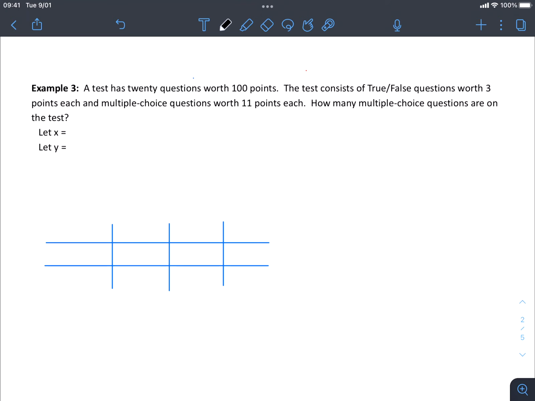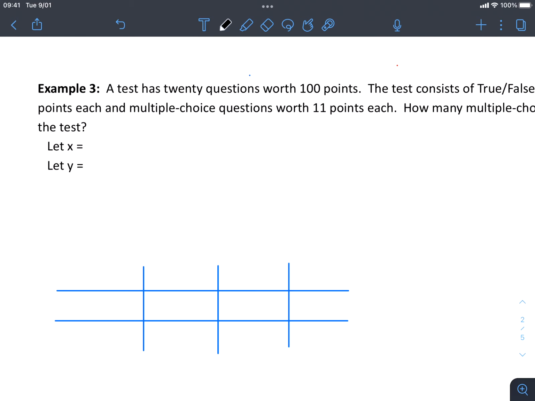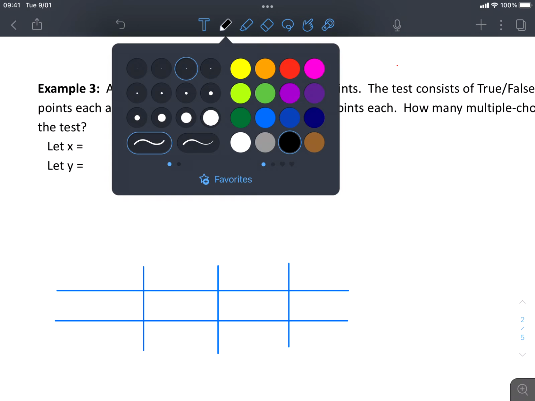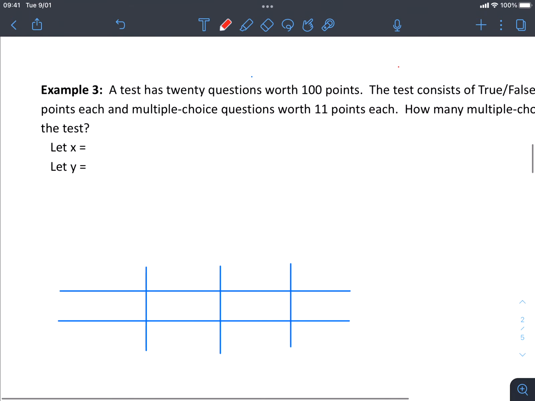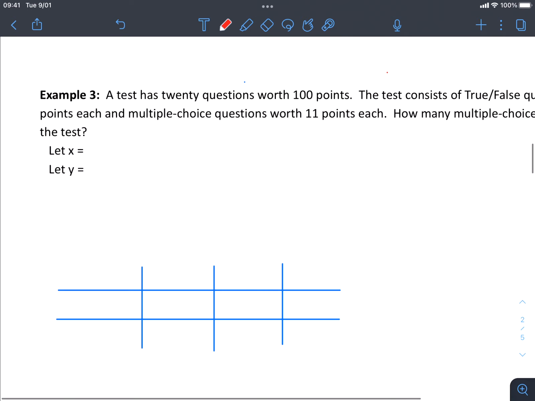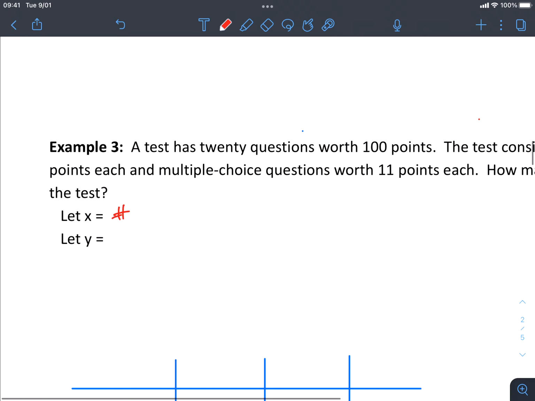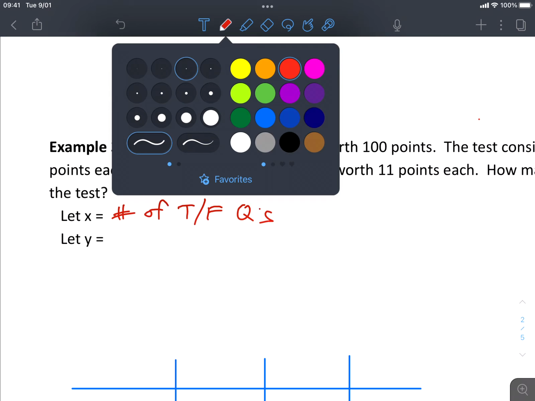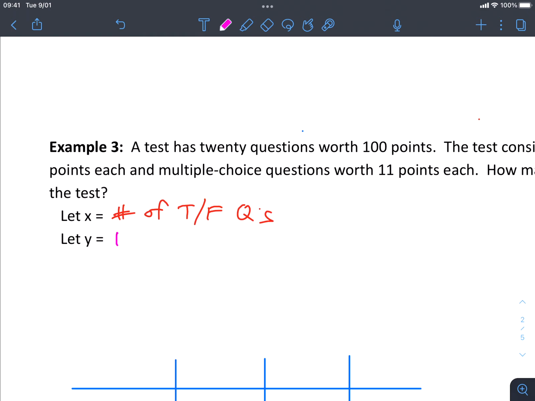So in order for us to do that, we have to, again, define our variables. If I said X is the number of true and false questions, and Y is the number of multiple choice questions.